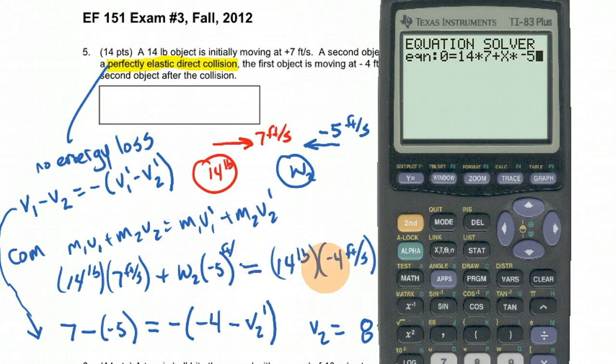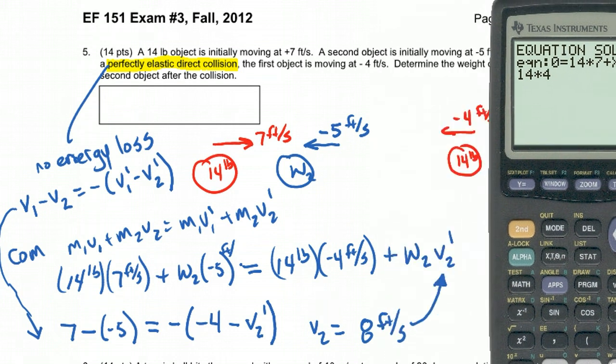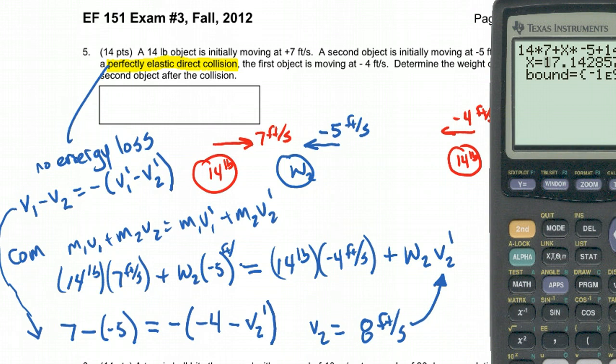Move this over to the other side, it's going to make it positive, so plus 14 times 4. Moving this over to the other side is going to be minus my unknown times my value there.